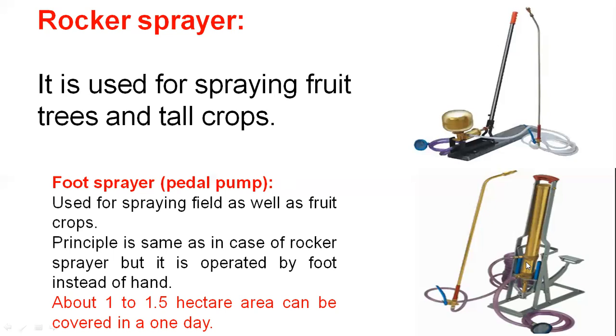This foot sprayer has no built-in tank, so the suction tube is dipped into the liquid container, and with the help of the lance it sprays easily. Generally 1 to 1.5 hectare area can be covered in one day, and 2 persons are required. In the rocker sprayer also, 2 persons are needed for spraying. Okay, so these are the two sprayers, the rocker sprayer and the foot sprayer.